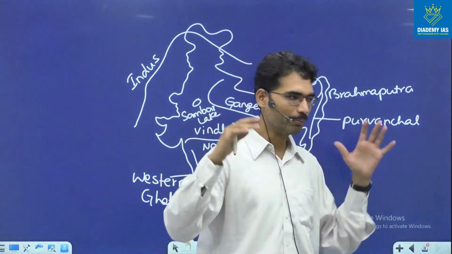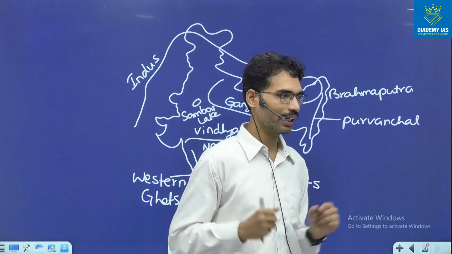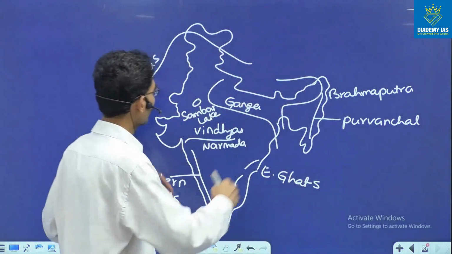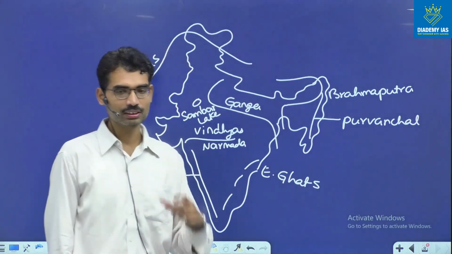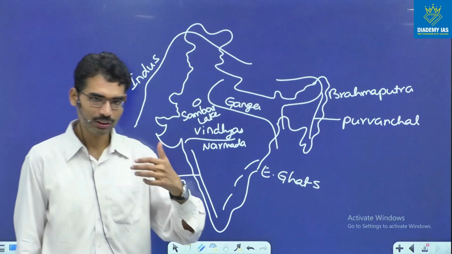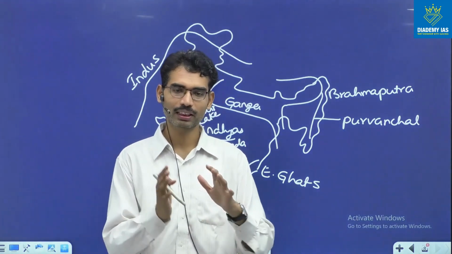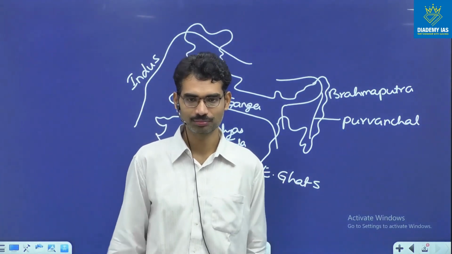Now you draw a big map because it is asking about regional characteristics. You have to give the space to the map. Whether you have to give importance to the map or not depends on the kind of question asked.